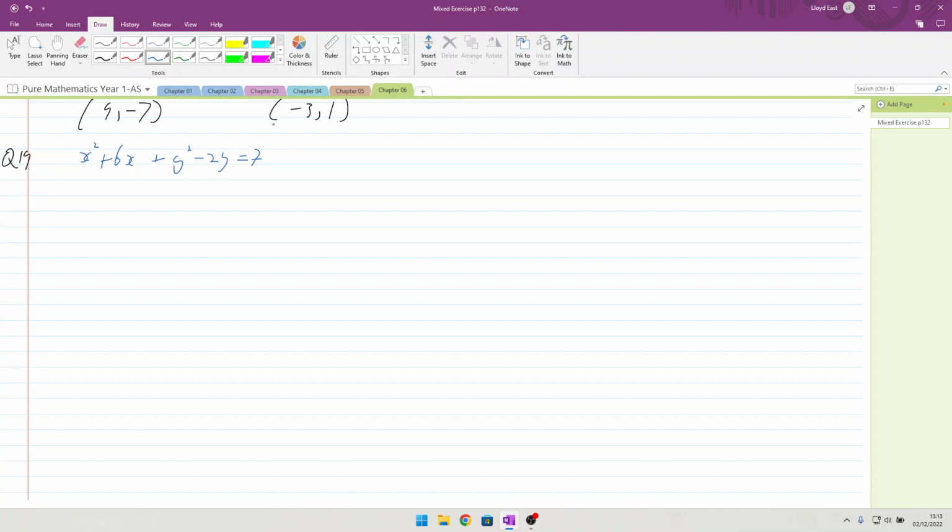They intersect at point R, which is (0, 6). Find the equations of the lines L1, L2, giving your answers in the form y equals mx plus c.